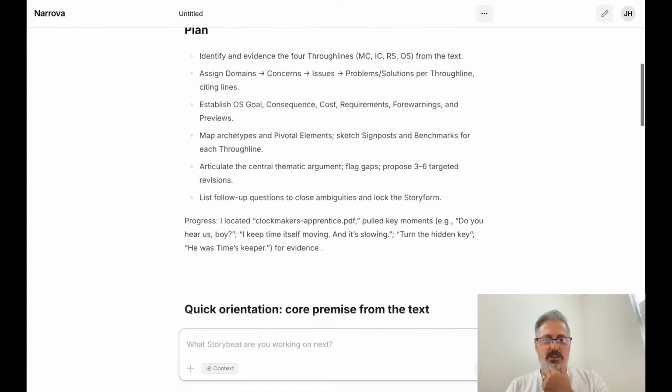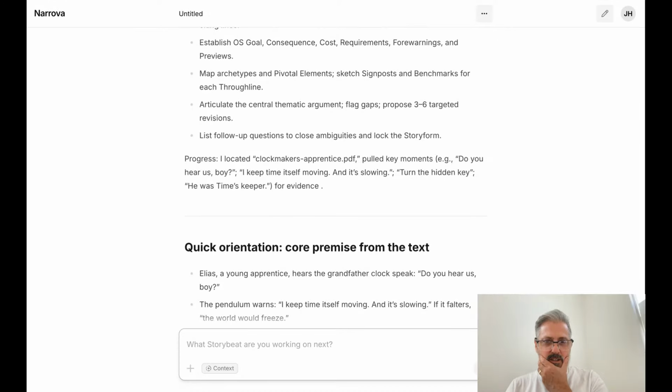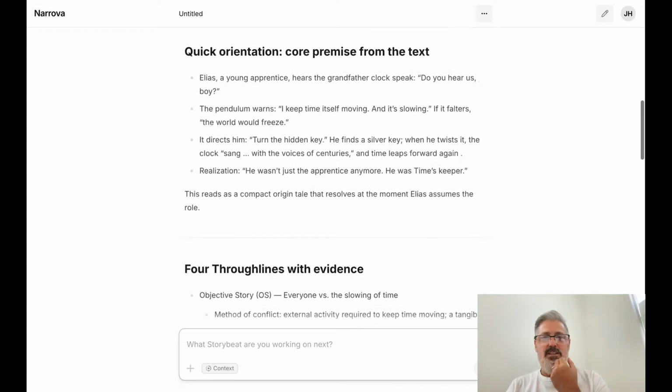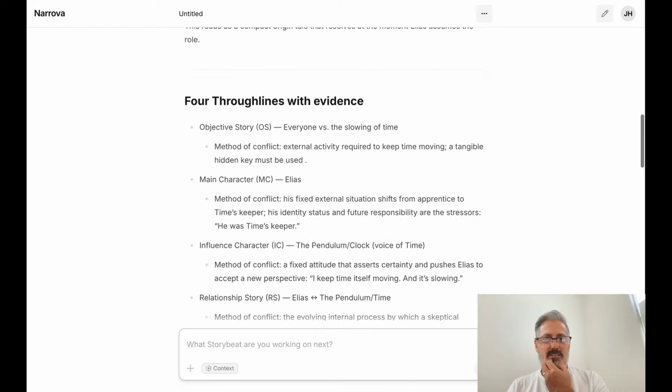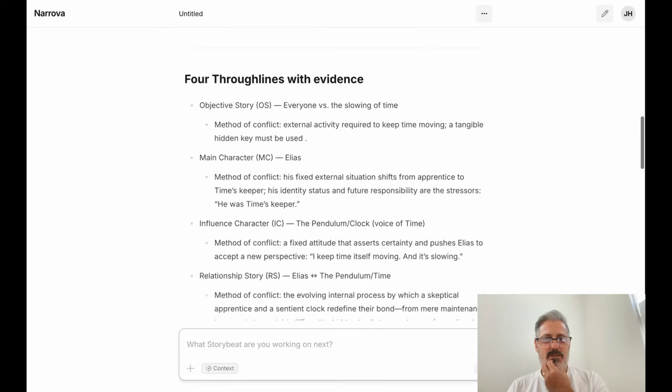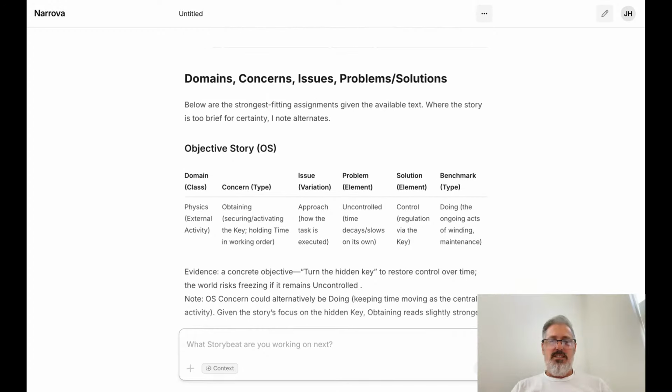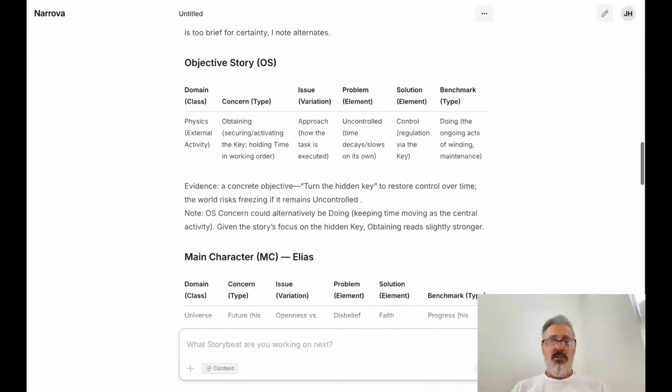All right, so it's going to try and do all this stuff. Quick orientation. You really think there's all this stuff in here? Below are the strongest fitting assignments given the available text. Where the story is too brief for certainty, I note alternatives.